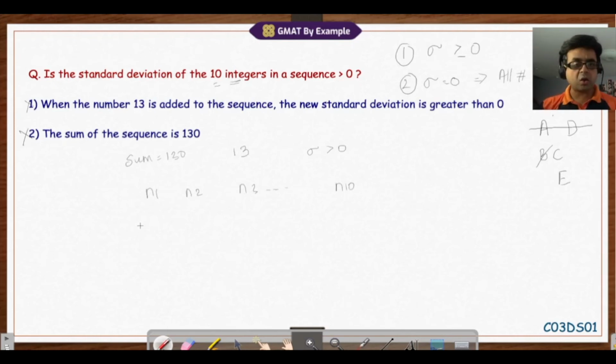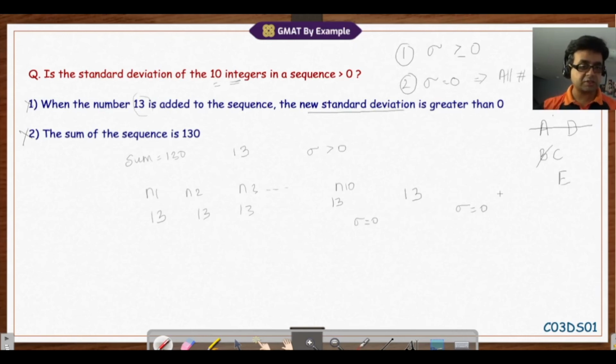One option we took when we stated B was if the sum is 130, then all the numbers could be equal to 13. In that case our standard deviation was 0, and if I add another number 13 based on statement 1, my standard deviation stays 0 because all the numbers are equal. But that cannot be the case because statement 1 clearly states that the new standard deviation is greater than 0. So it can't be.